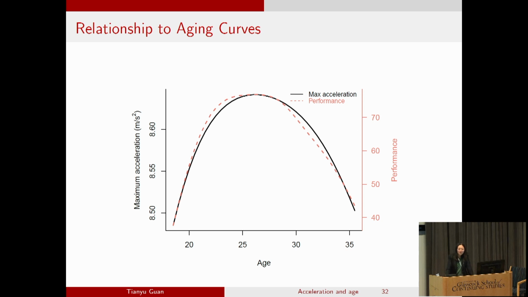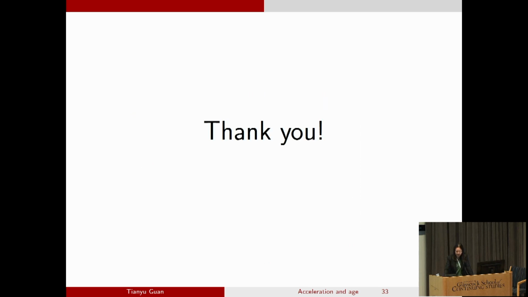So this tells us that even if we cannot define what exactly performance is, at least we can look at the average maximum acceleration curve to gain some insights to help us build an idea of when the player reaches a plateau and when they decline. Yeah, that's everything.